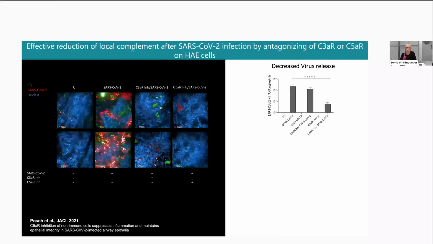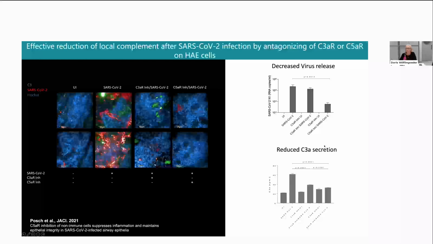We also determined this using quantitative analysis. So we had a significantly lower viral load in samples treated with C5a receptor inhibitor, and also a significantly reduced anaphylatoxin secretion.